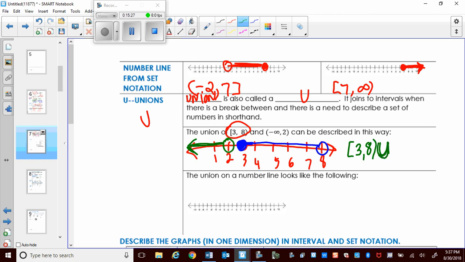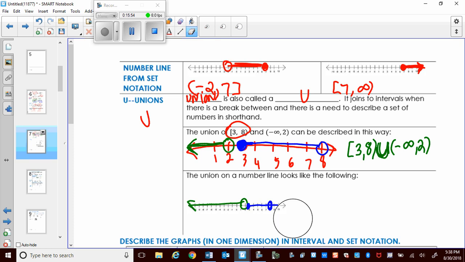Don't write a U like I did, make it a straight up U. Negative infinity, 2. So we're going to redraw this down here so it sinks in for you. So from 2 to infinity, that's the first part. And then from 3 to 8. Okay? So don't overlap like I did. If you do, erase it.